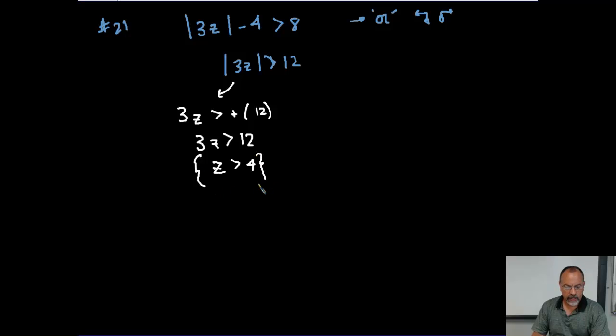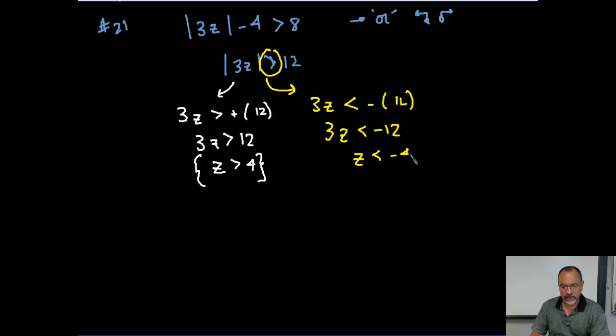There's one of my inequalities. Then I need to do the second one, where again I take what's inside, 3z. Remember, we reverse the sign, and we take the opposite of this whole side, that's negative 12. 3z less than negative 12, so z is less than negative 4. So I have my two inequalities.